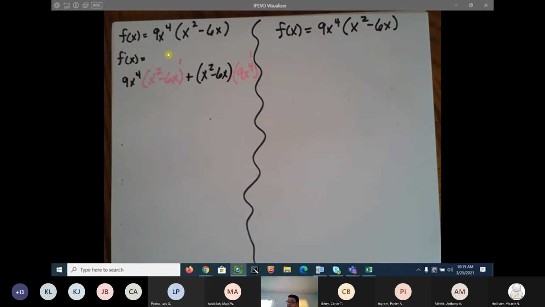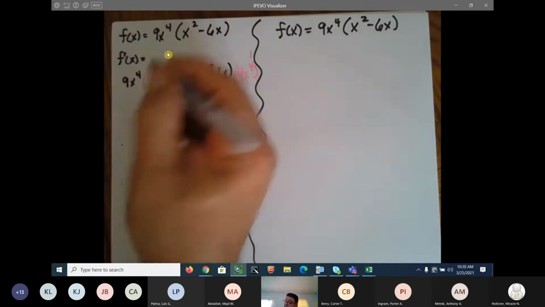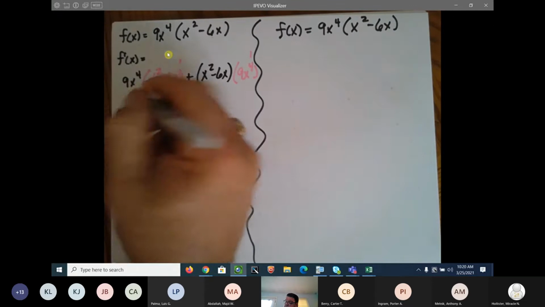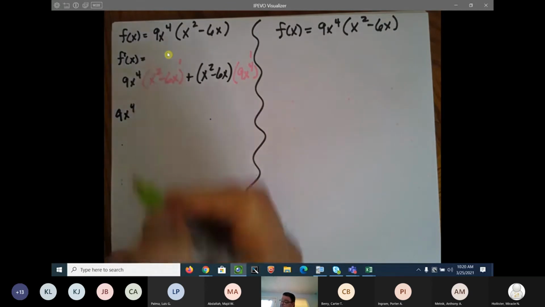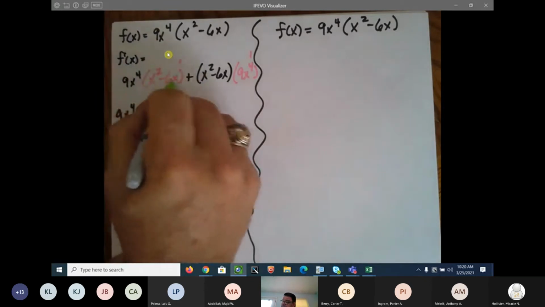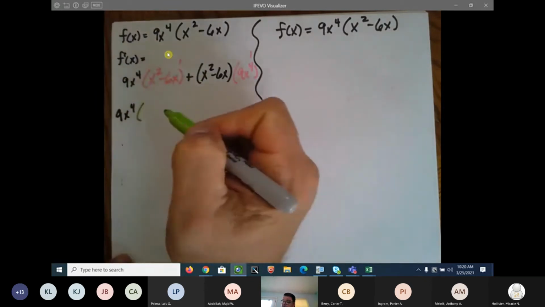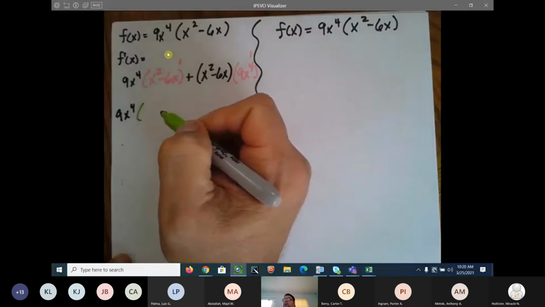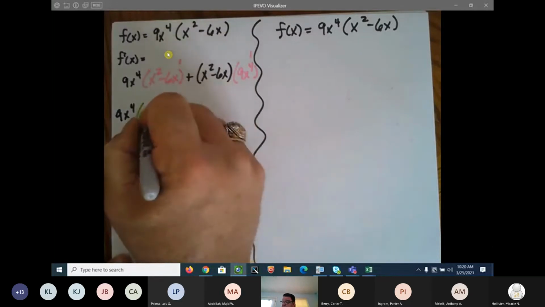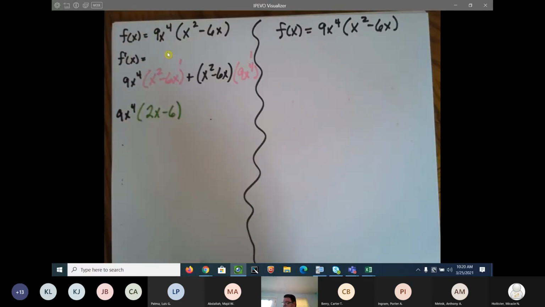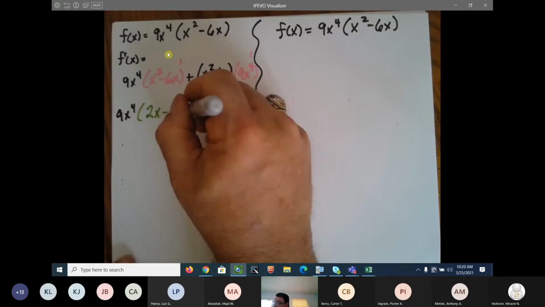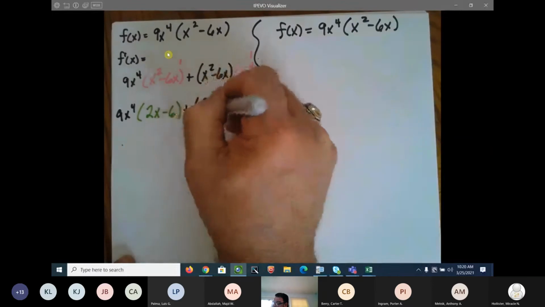Okay, so 9x to the 4th. I'm going to use my green marker. What is the derivative of x squared minus 6x? 2x minus 6, yeah. 2x minus 6, plus x squared minus 6x.